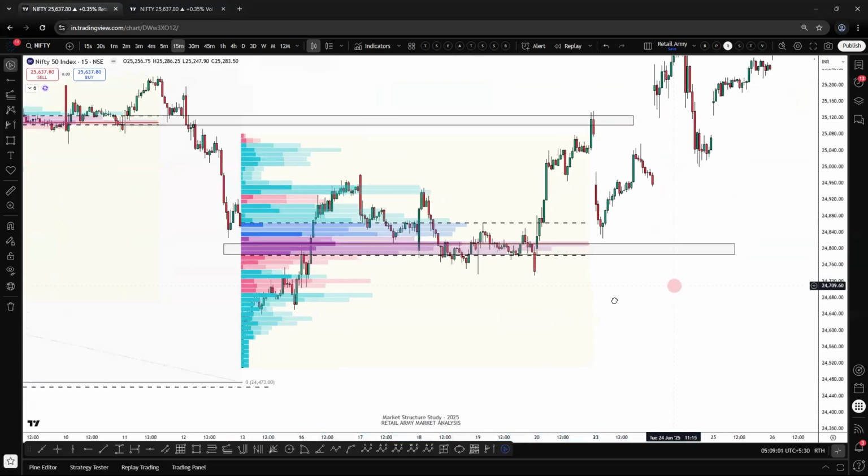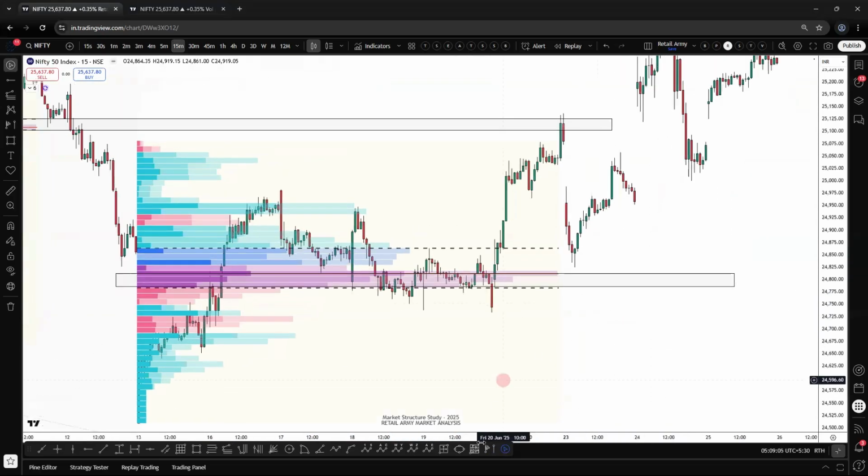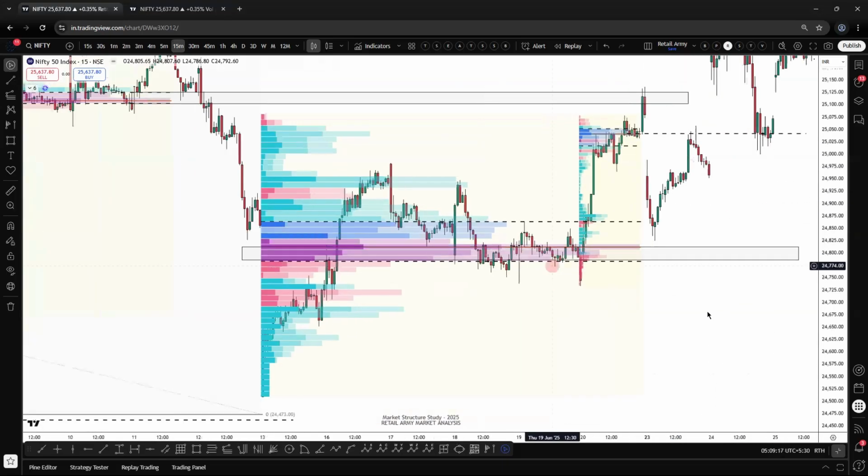These are basically POCs. This is the area where maximum activity has happened between the big institutional players. All right, so these are the key levels where we saw price hold.